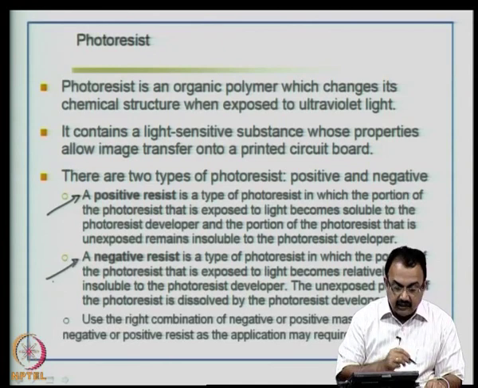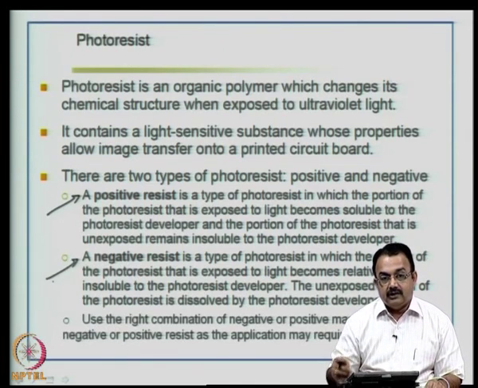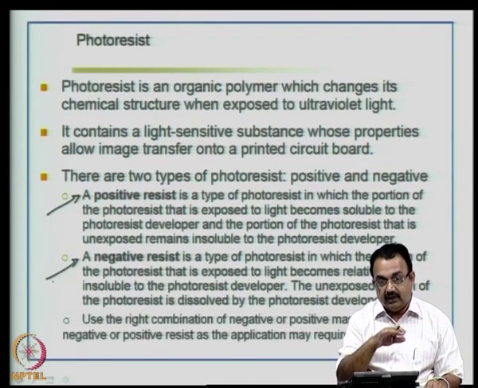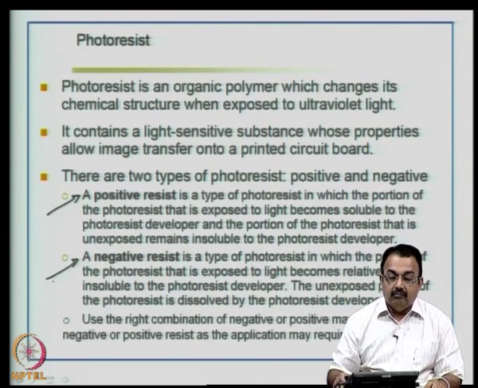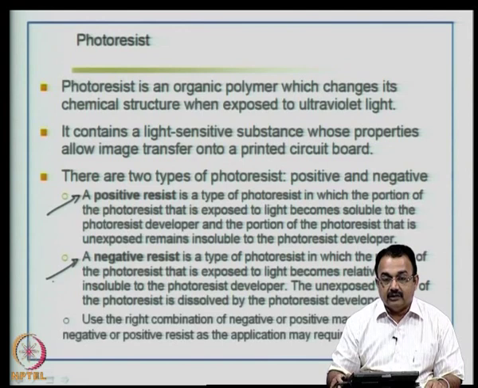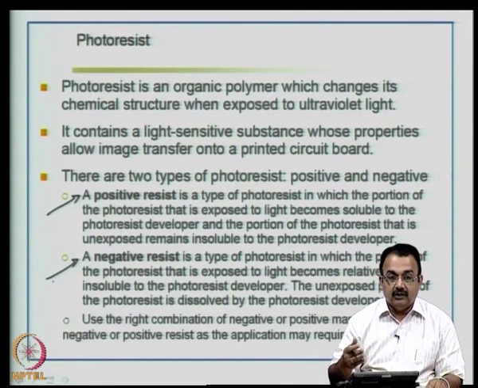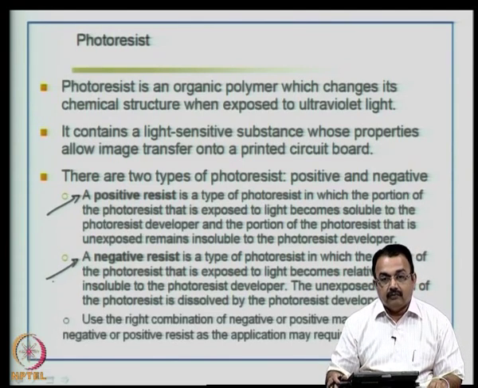In the case of negative photoresist, it is a resist in which, after applying a mask and UV light, the areas that are exposed to UV light become insoluble to the developer. So, there is a different chemical reaction that takes place compared to the first one, the positive photoresist.